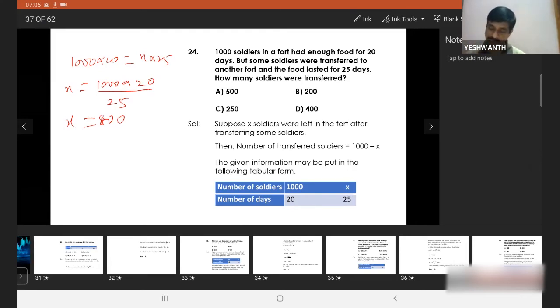So how many soldiers were transferred? 1,000 minus 800, so this is 200. So option B satisfies.